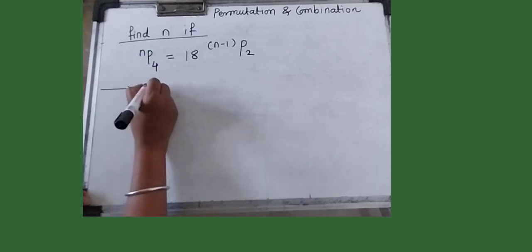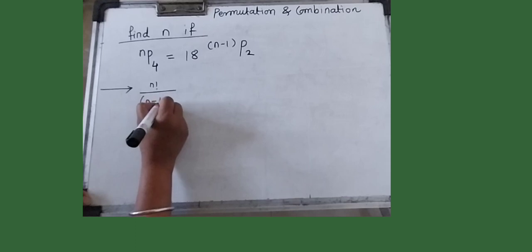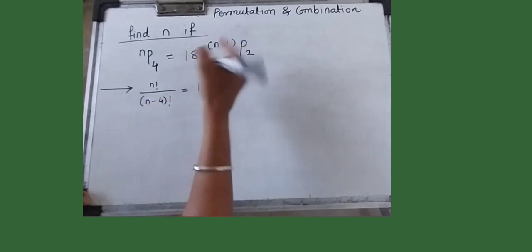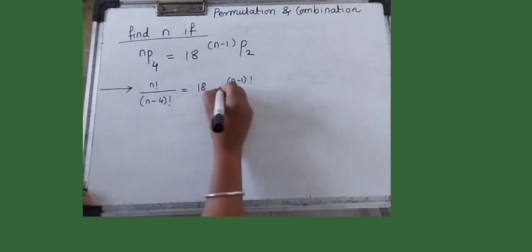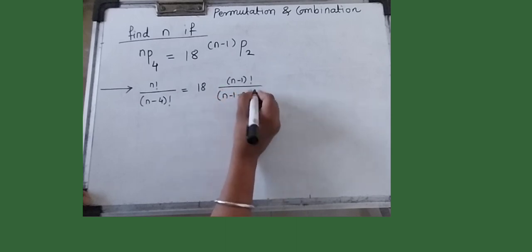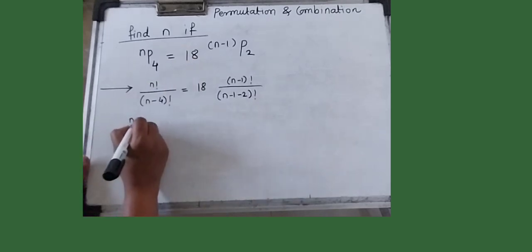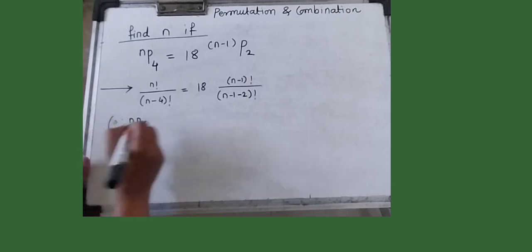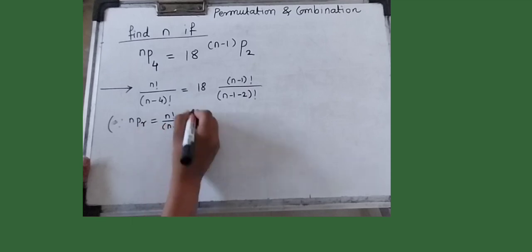The formula is n factorial upon (n minus 4) factorial, equal to 18 times (n minus 1) factorial upon (n minus 1 minus 2) factorial. I apply the formula nPr, which is n factorial upon (n minus r) factorial. Clear?